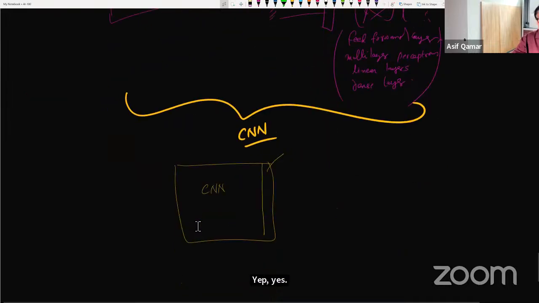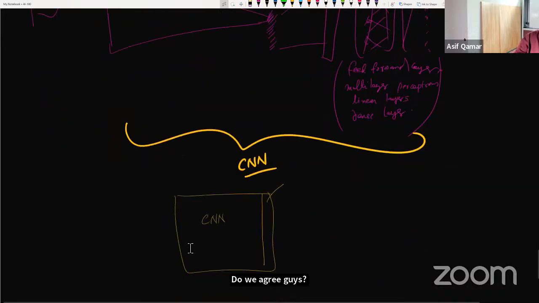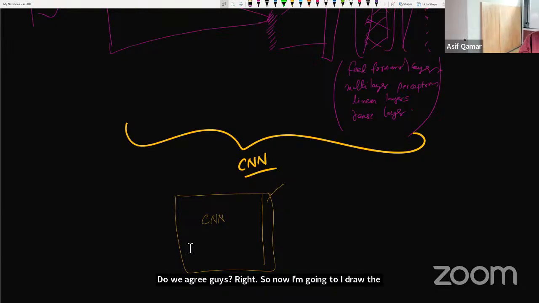So we have reached the stage at which we now know the full architecture of a basic CNN. Do we agree, guys? Right. So now I'm going to draw the CNN in two pieces. Everything here and a softmax here.